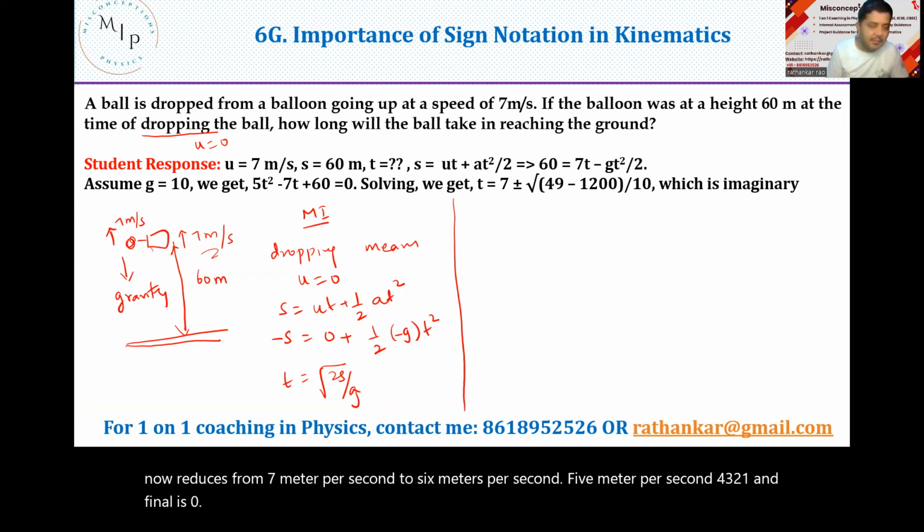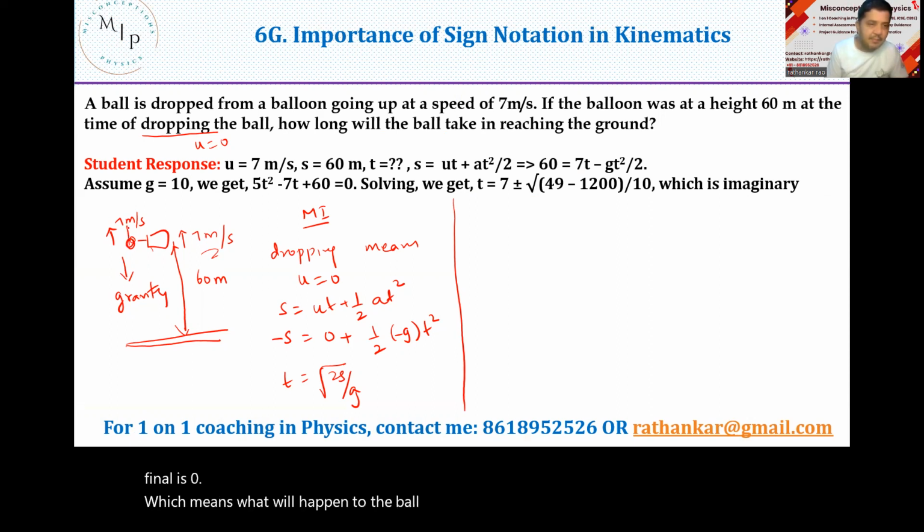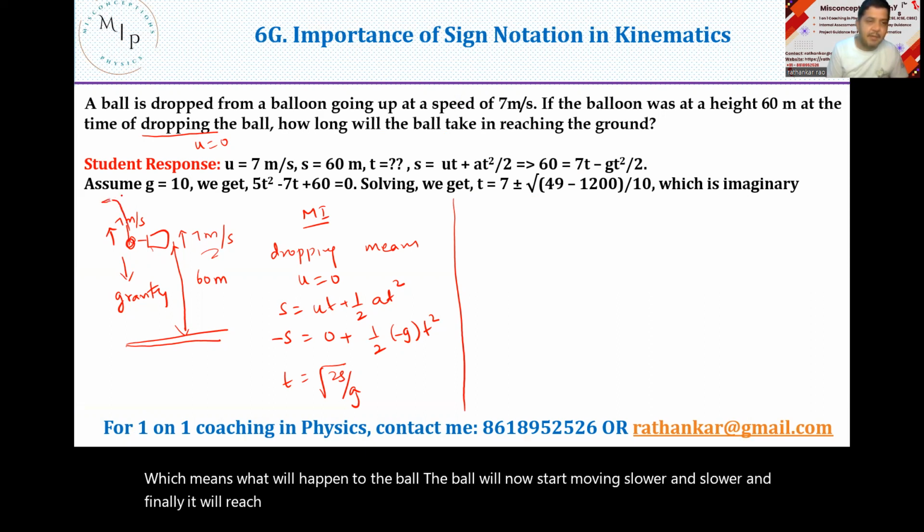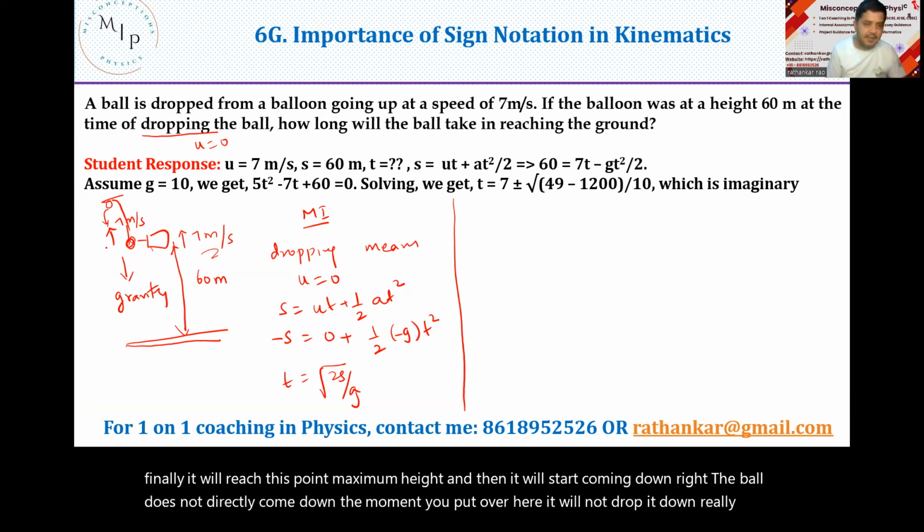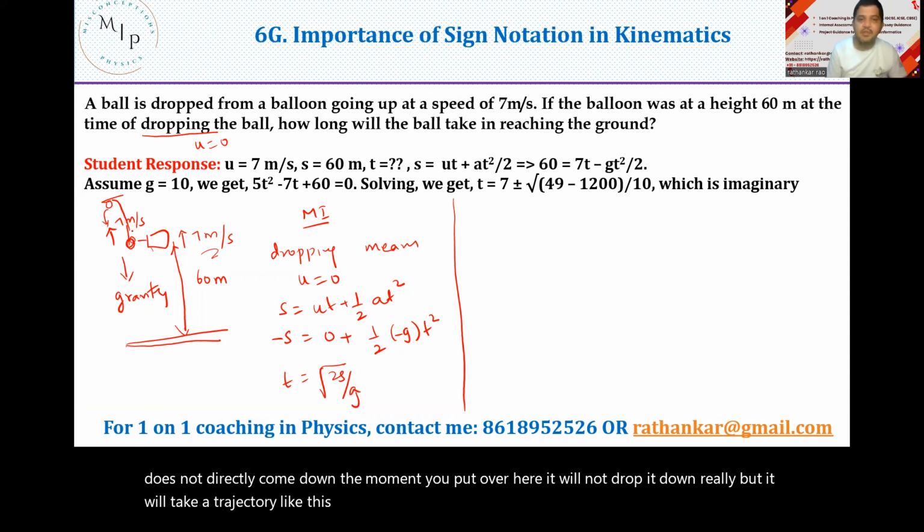Which means the ball will start moving slower and slower, and finally it will reach this point, maximum height, and then it will start coming down, right? The ball does not directly come down. The moment you release it over here, it will not drop down, but it will take a trajectory like this path. Someone has to understand this.